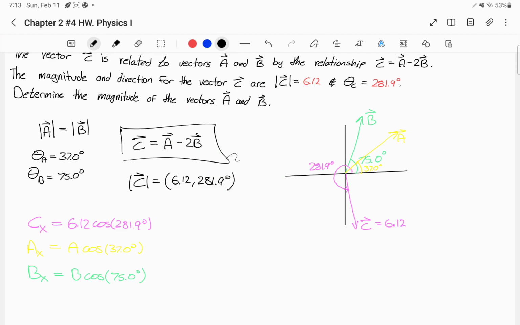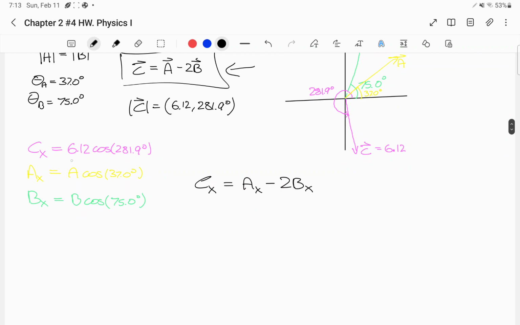Using this relationship, we write C sub x is equal to A sub x minus 2B sub x. We know that C sub x is 6.12 cosine of 281.9 degrees, which is equal to A cosine of 37.0 degrees, because A sub x is equal to A cosine of 37.0 degrees, minus 2 times B sub x, which is B cosine of 75.0 degrees.